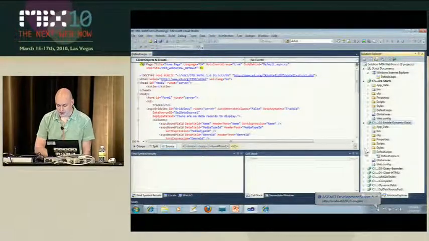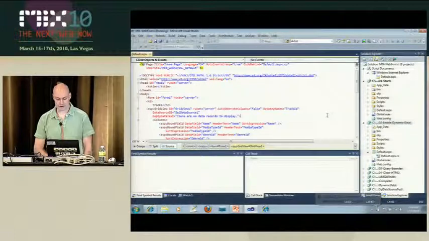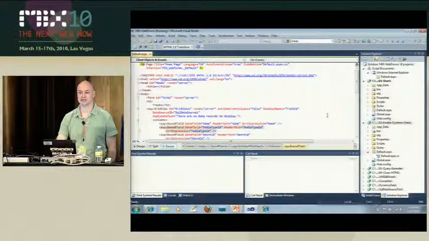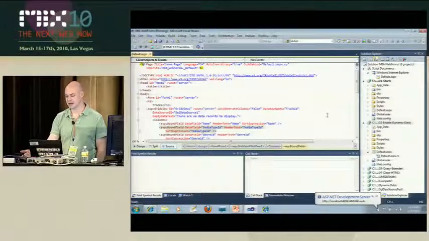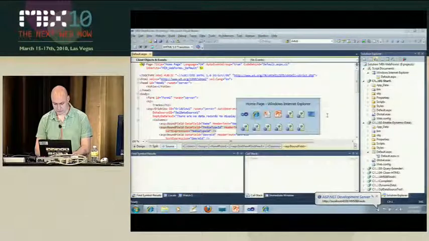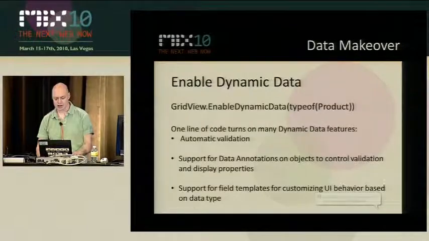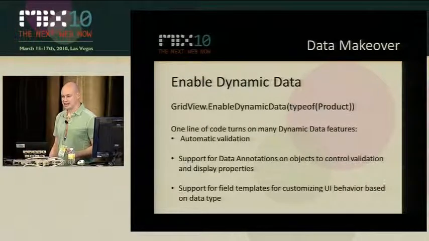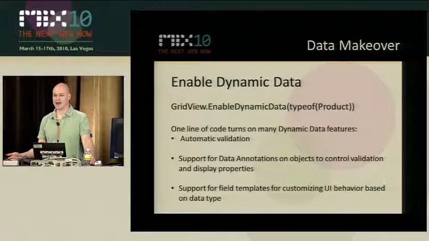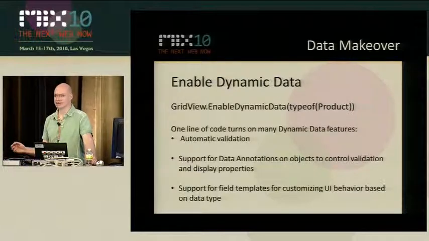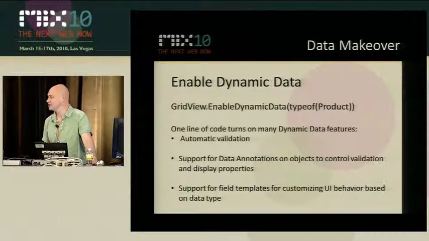So let's look at what we would need to do, first of all, to change this data grid over to take advantage of dynamic data. Let me see if I have a separate little slide for that. Okay. Like I said before, you had to go through and create a dynamic data site, and we'll actually look at that in a second, because maybe one or two hands went up for having used that.